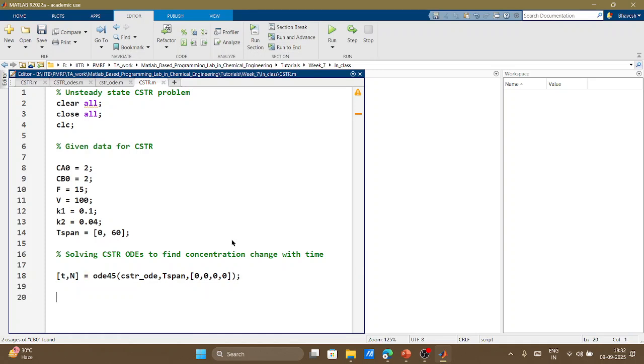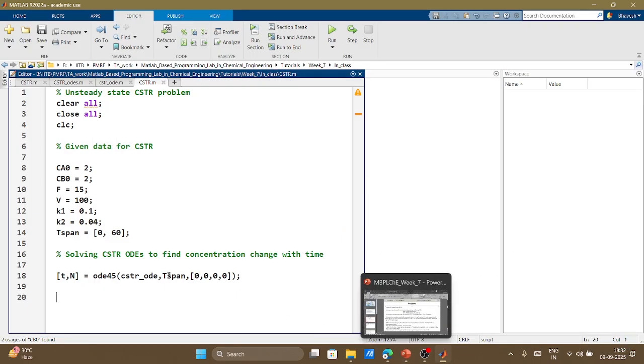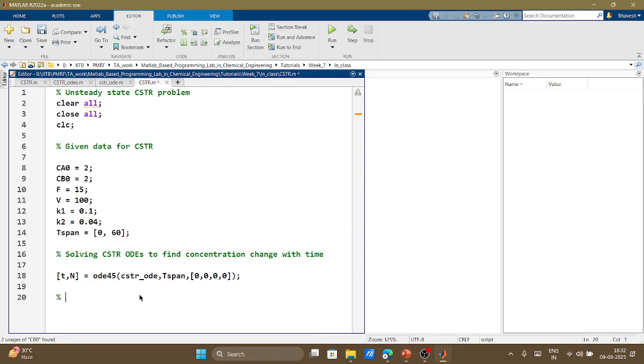Once this is done, we have to plot this data also, right? So for plotting, we have been asked to plot all the concentrations versus time, right? So once the ODE solves, extracting data from ODE result, okay.